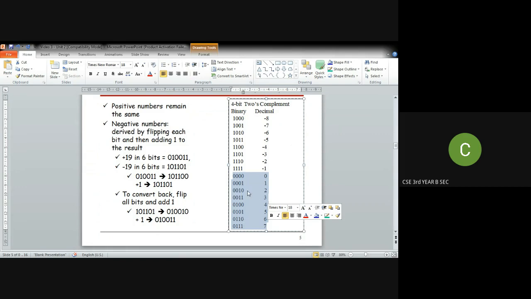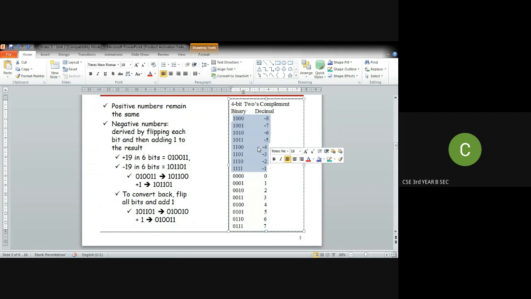This part is common for everything, but the negative part changes for each methodology. Signed magnitude is different, ones complement is different, and two's complement is also different.